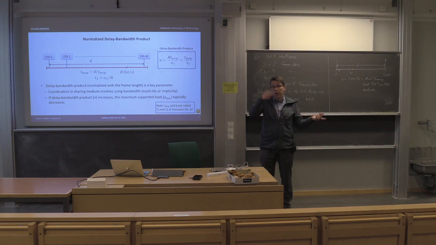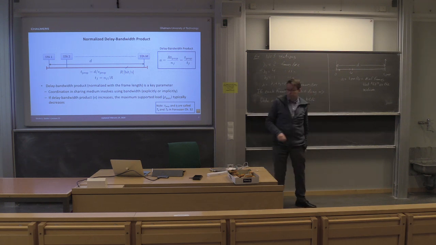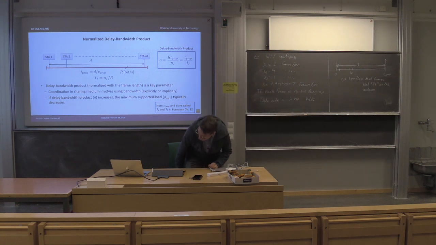Then we can have 10 frames in the air at the same time, non-overlapping, right? They arrive at the receiver at different times, so we can just transmit these. Okay, so that's the interpretation of this delay bandwidth product, and we will show that the bigger that one is, the more difficult it is to coordinate the access over the medium.